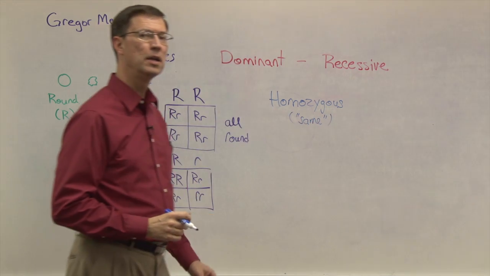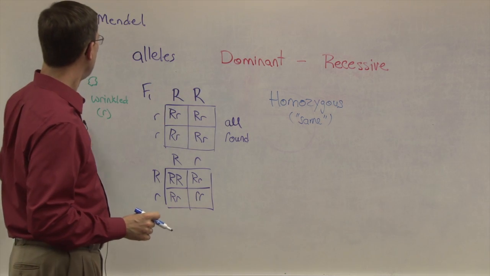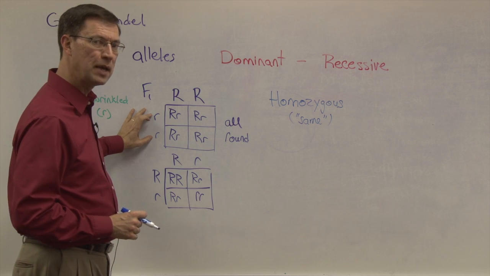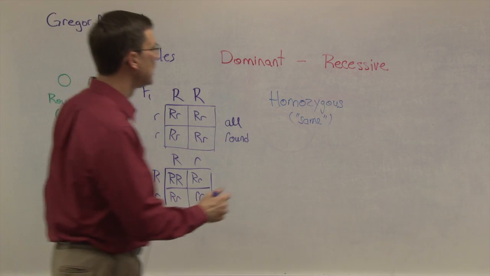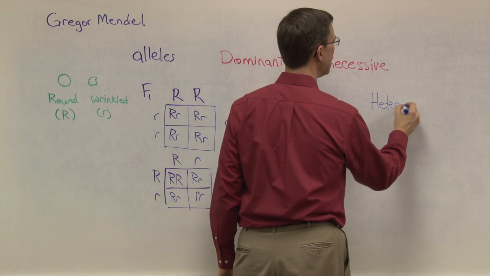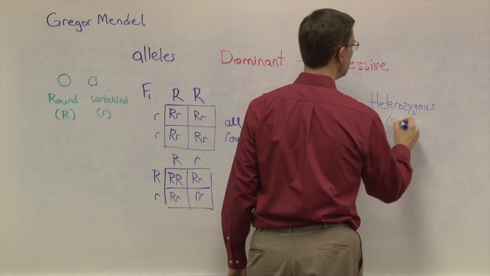Same. Okay? So this would be homozygous for the trait of being round. This little r is homozygous for the trait of being wrinkled. But then the other is what we call heterozygous, which means different.